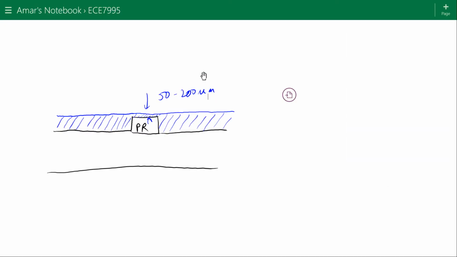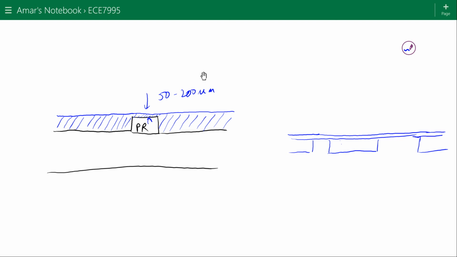Imagine you have a membrane here, and let's say this is the channel region. So this is the gas layer.